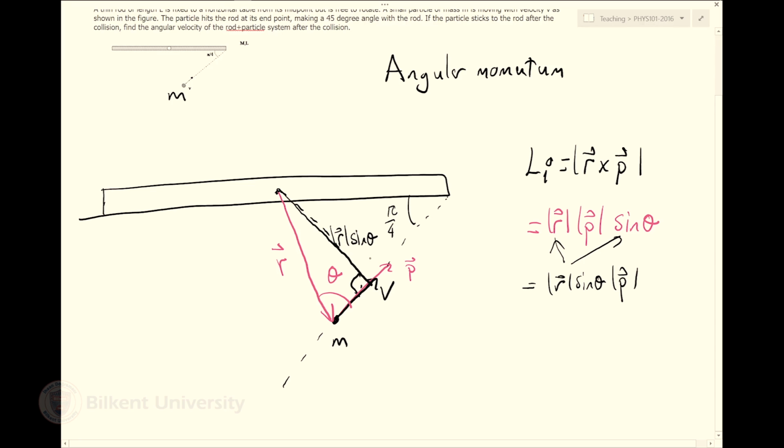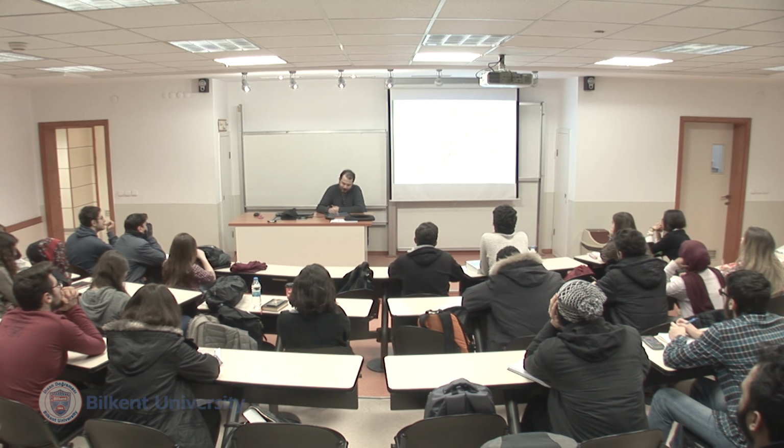And what's r sine theta? The length of the other side of the triangle, over here, is L over 2. This is pi over 4. So there's another right triangle here, right?